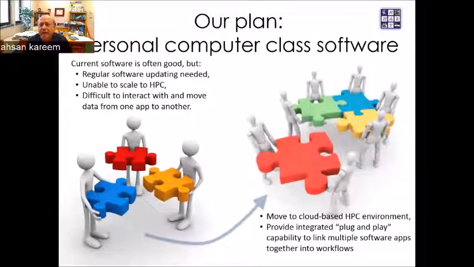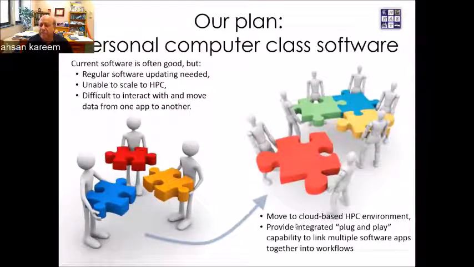So the plan is this: currently people rely on local desktop calculations. They're unable to scale to high performance computing, and it is difficult to interact with them and move data from one application to another.